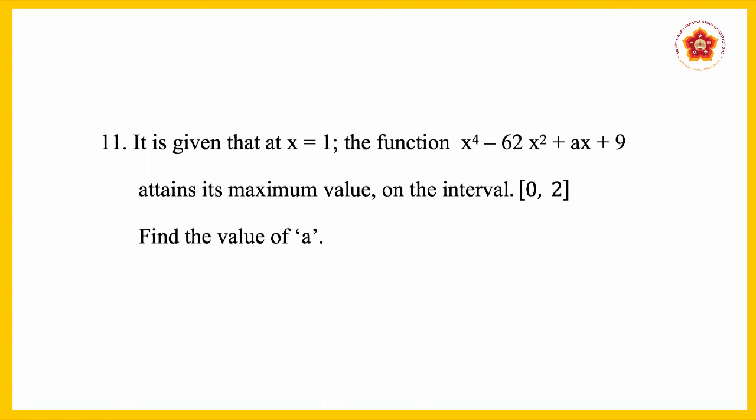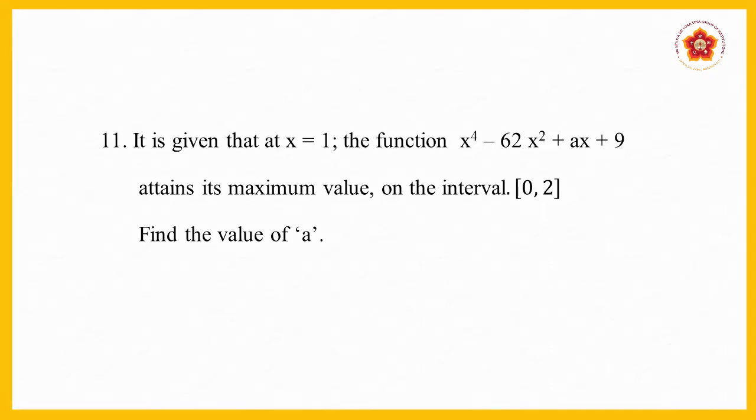He says the function attains maximum value in the interval 0 to 2. It is nothing but it is absolute maxima at x equal to 1. That is what he means. And he says if it is so, find out the unknown a.